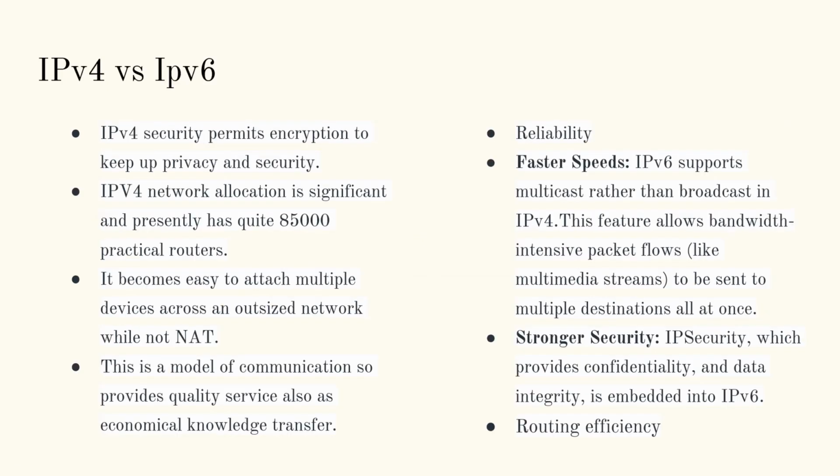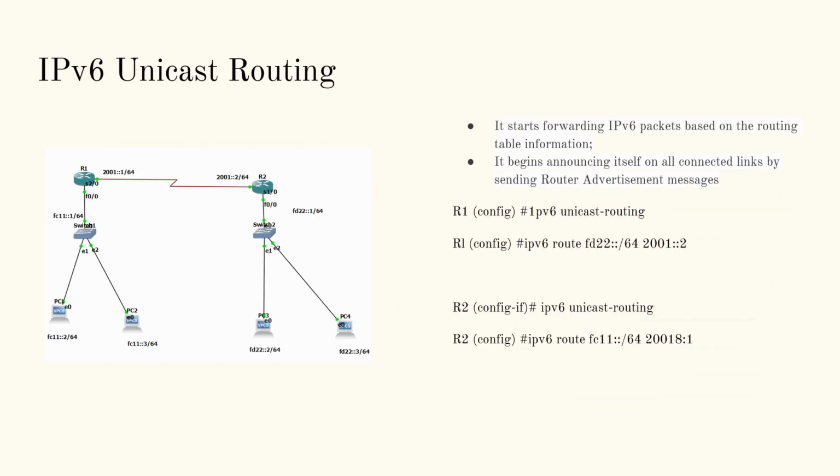Now let's see the difference between IPv4 and IPv6. IPv4 security permits encryption to keep up privacy and security, while IPv6 is more reliable. You can pause the video and see the differences. There is not much more.